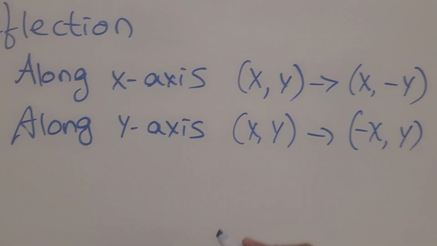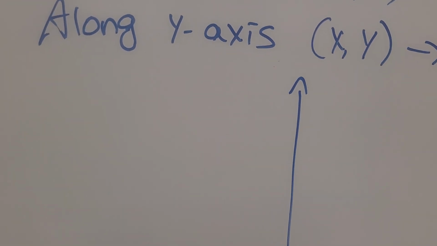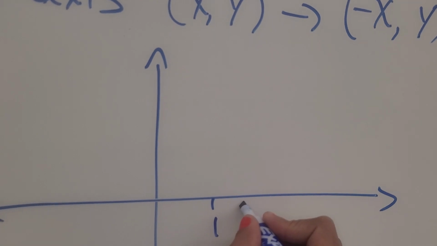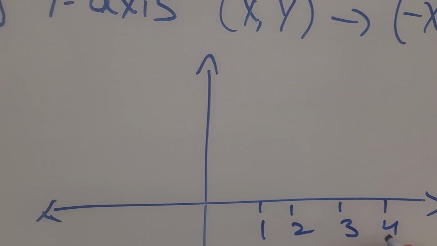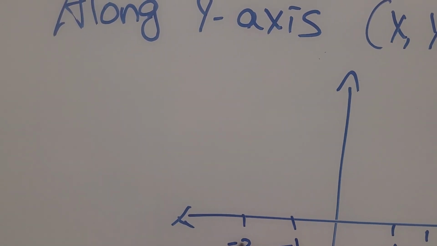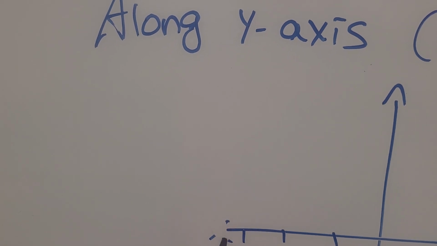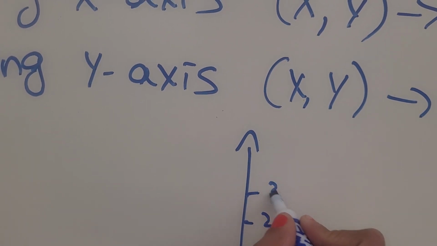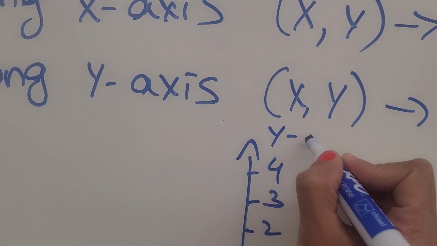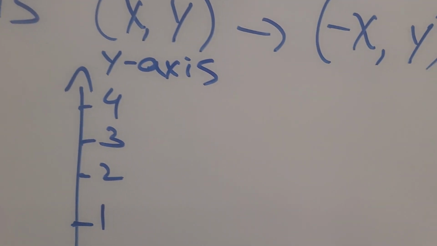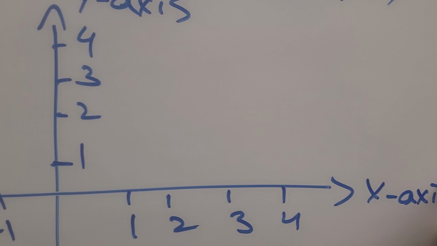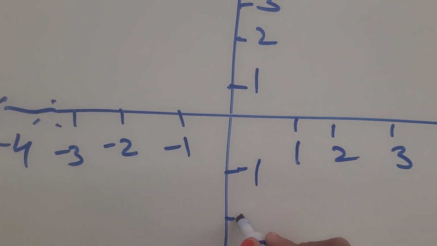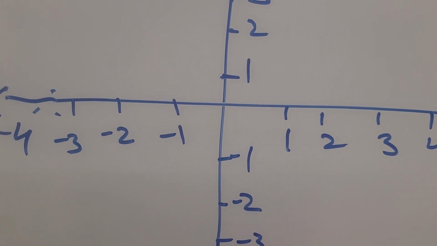So we are going to understand this by taking an example of a triangle in the coordinate system. This is the x-axis, I am marking my x coordinates here, up to minus 4, and this is the y-axis, marking it down minus 1, minus 2, minus 3 and minus 4.